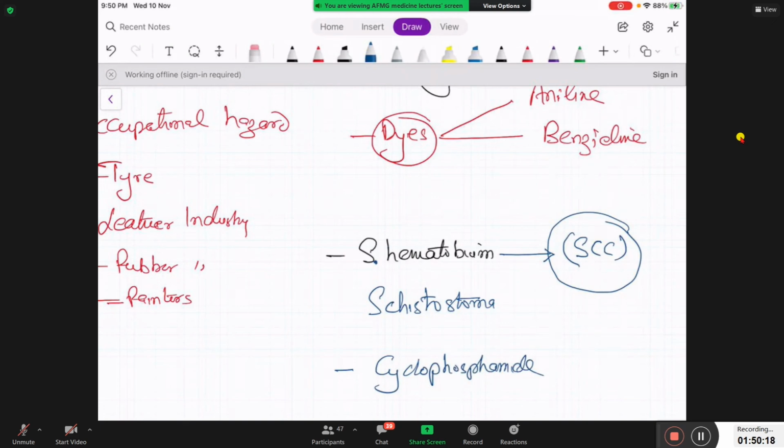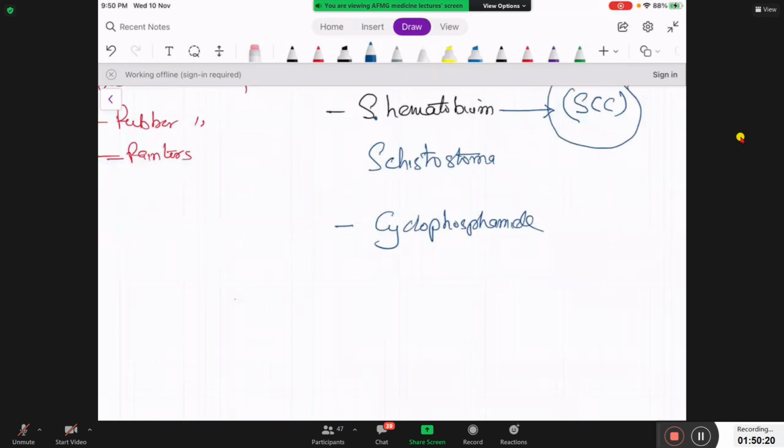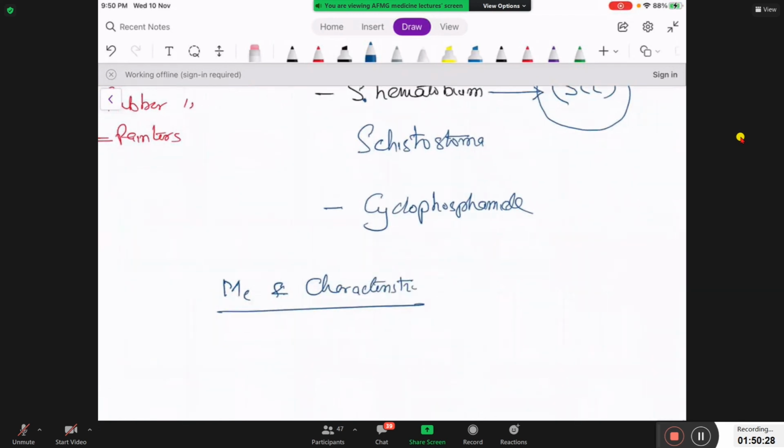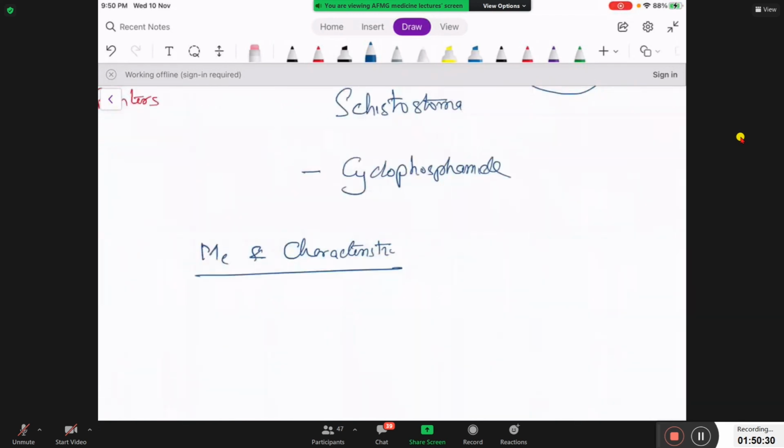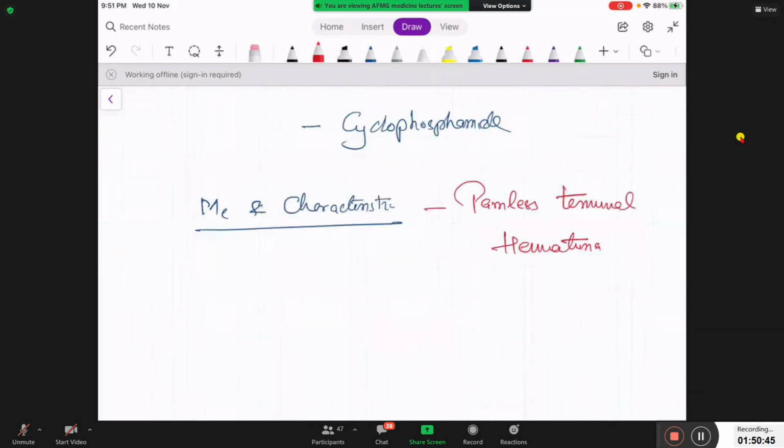Most common and characteristic presentation of a bladder malignancy, I already told you, is painless terminal hematuria. Strangury is for bladder stone.